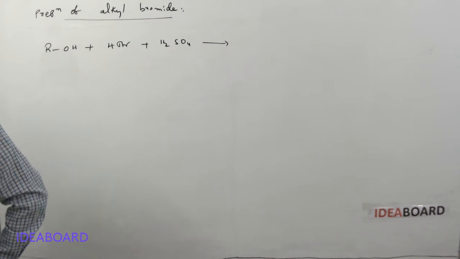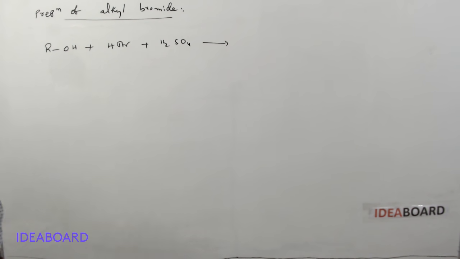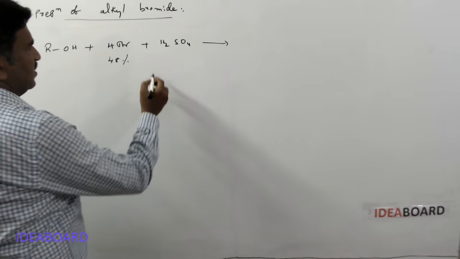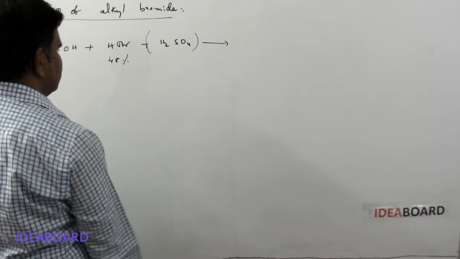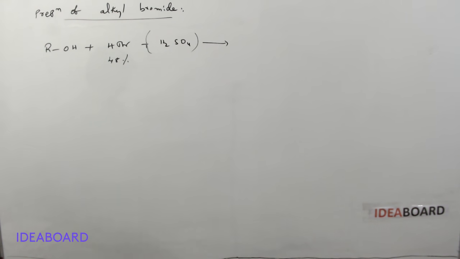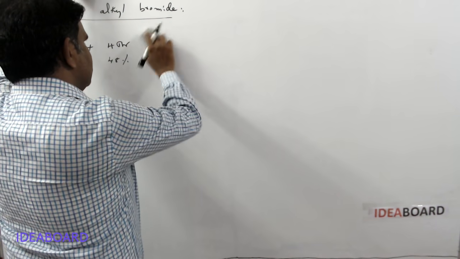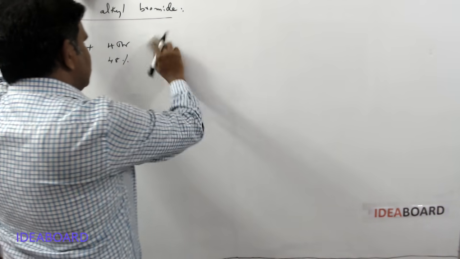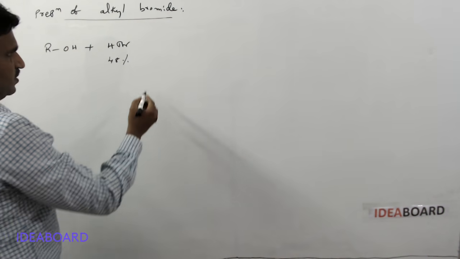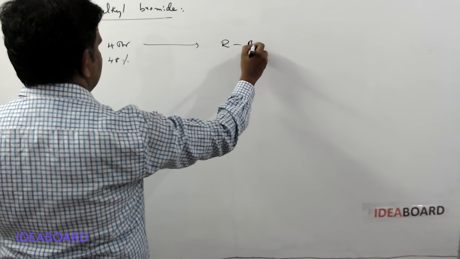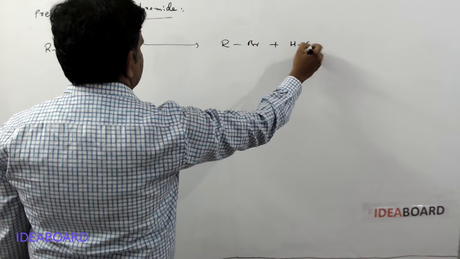Here the HBr we are taking is 48%, and H2SO4 is not actually participating in the reaction. We can write the equation. Directly we can take the 48% HBr, and it forms RBr plus H2O.